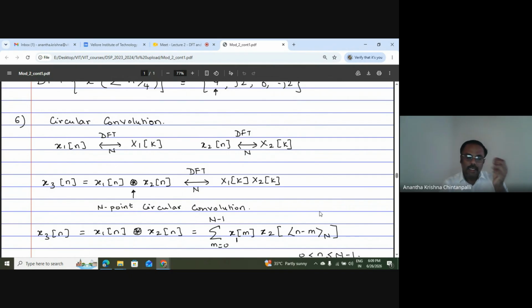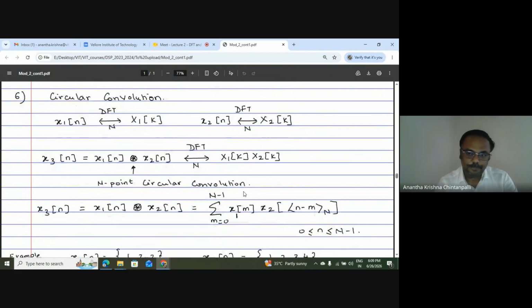Here, it's an N-point circular convolution we need to talk about, because it's with respect to N. x1 of n has N-point DFT capital X1 of k, x2 of n has N-point DFT capital X2 of k. So now if I do an N-point circular convolution of x1 and x2, then in the DFT domain it's a multiplication of the respective X1 of k times X2 of k.